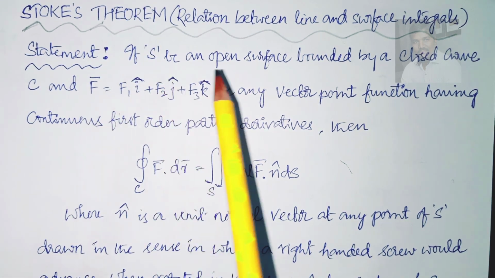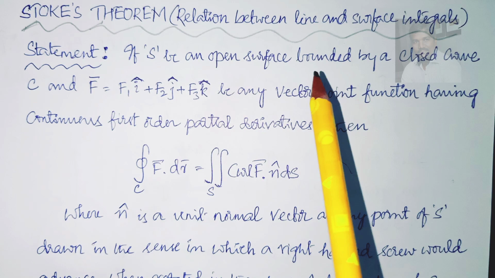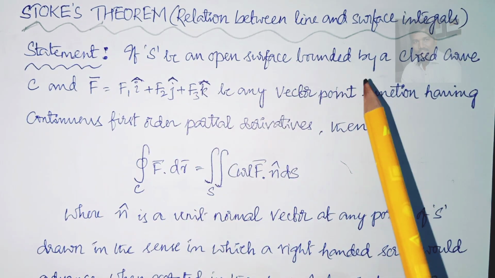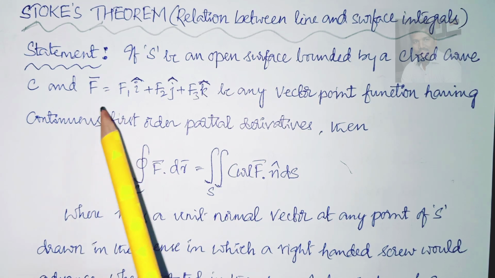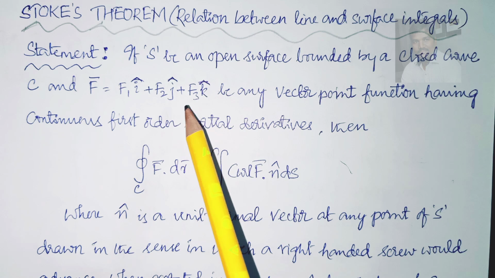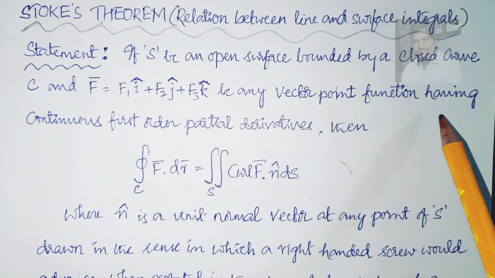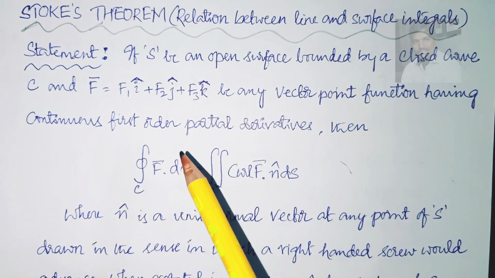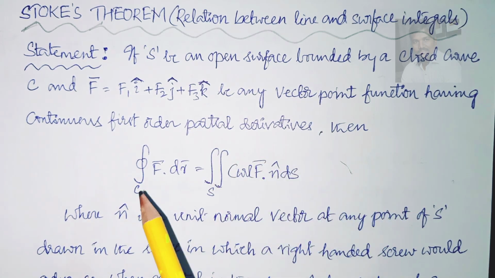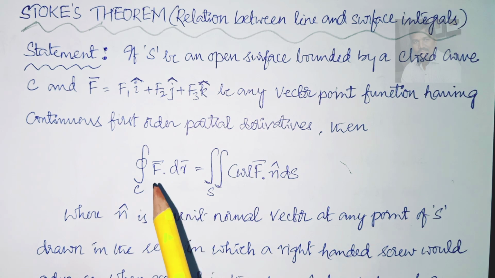If S is an open surface bounded by a closed curve C, and F bar is equal to f1 i cap plus f2 j cap plus f3 k cap, any vector point function having continuous first order partial derivatives, then this is the formula.